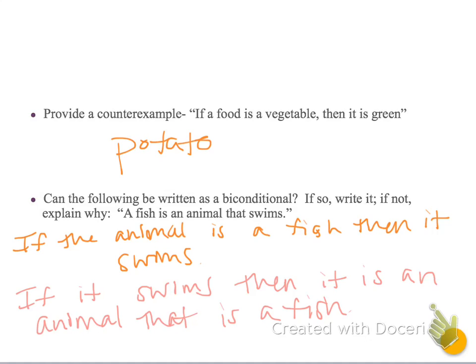Well, no, because technically another animal that swims could be a crab. So that would be a counterexample. If it was true, then you would just say, an animal is a fish if and only if it swims. So that's when you would write the if and only if to say that it's a biconditional. But right now you can prove it wrong, so you can't say that it's true.